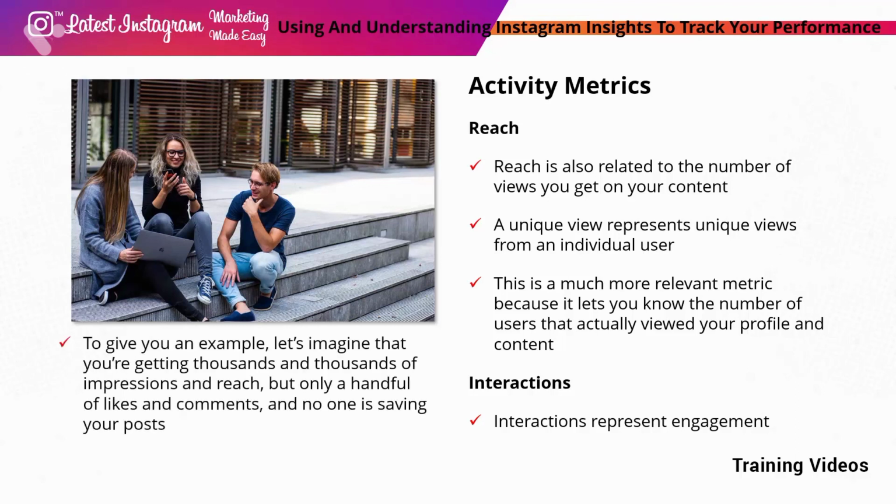To give you an example, let's imagine that you're getting thousands and thousands of impressions and reach, but only a handful of likes and comments, and no one is saving your posts. This is a signal that you are reaching a good number of people, but that your content isn't engaging enough. On the other hand, if you're generating 1,000 impressions a day, and a similar amount of interactions, then it means you're on the right track.